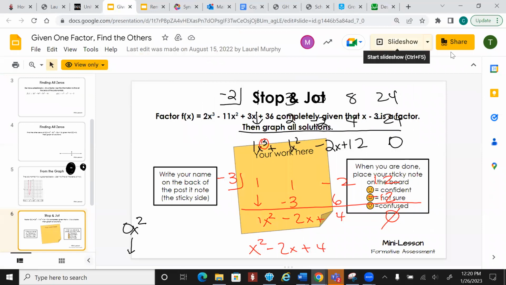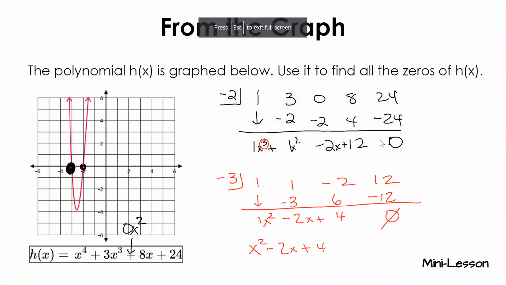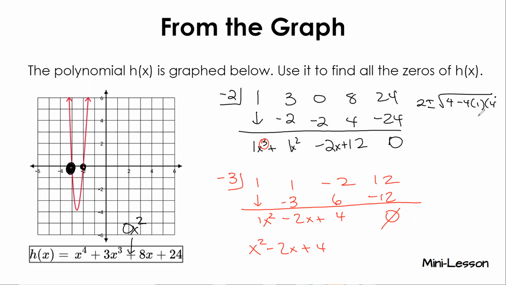Okay, so coming back in here. When I plug this into the quadratic formula, this is going to give me 2 plus or minus the square root of 2 squared, which is 4, minus 4 times 1 times 4, over 2 times 1.